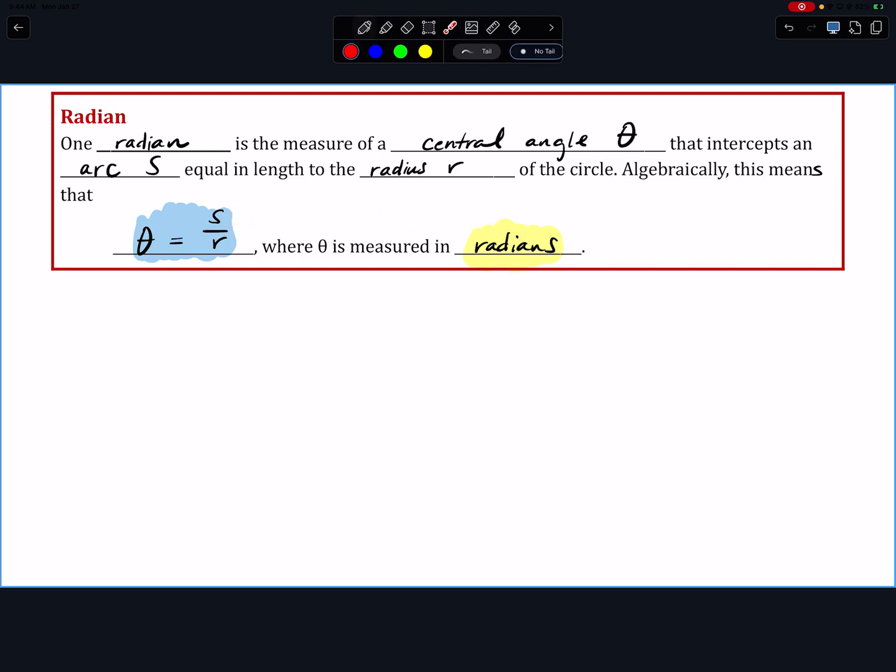So what the heck does this mean? What I want you guys to do is draw a picture that looks like this. We have our axis, and then we just have some circle. I have my iPad so I can cheat and draw a nice circle. You guys just do the best you can.